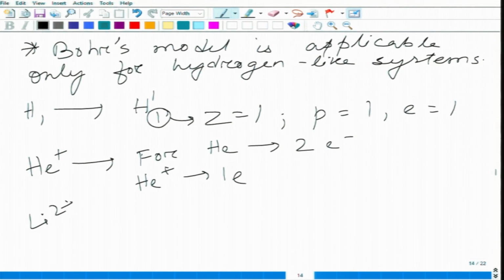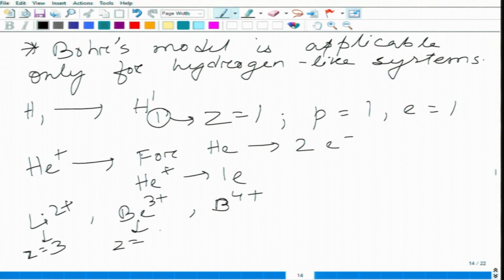Similarly, Li2+, Be3+, B4+, and so on. Lithium has an atomic number of 3. So, Li2+ means 1 electron.